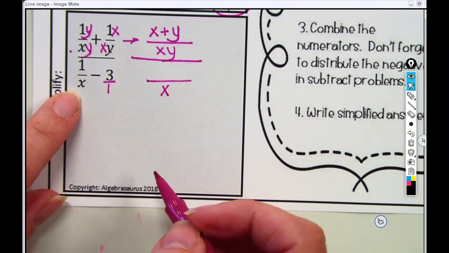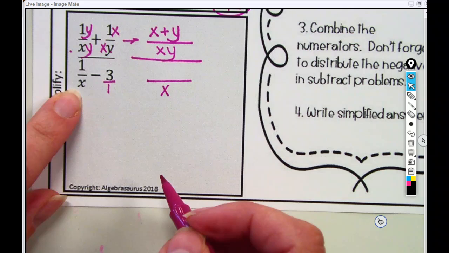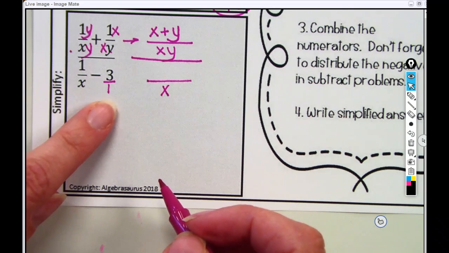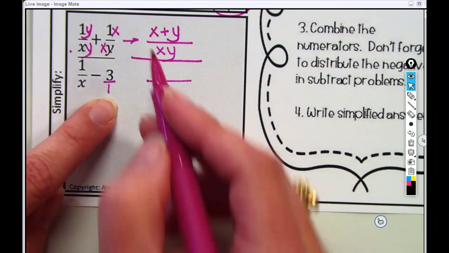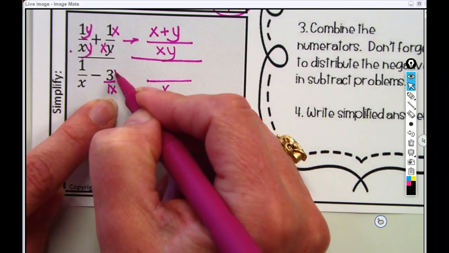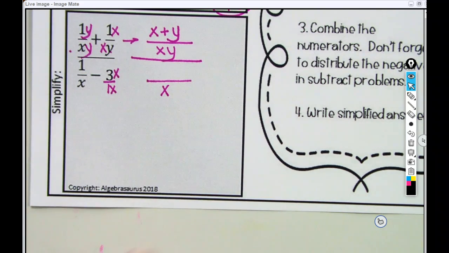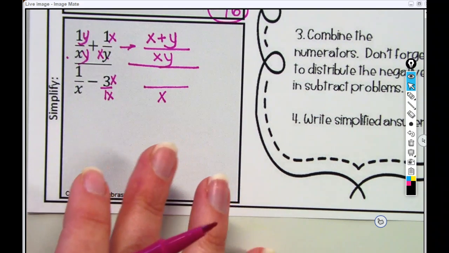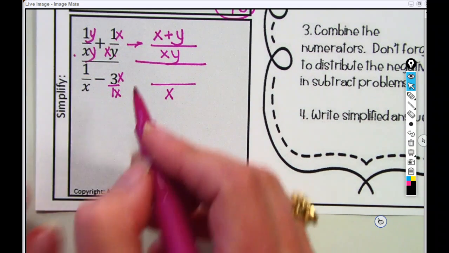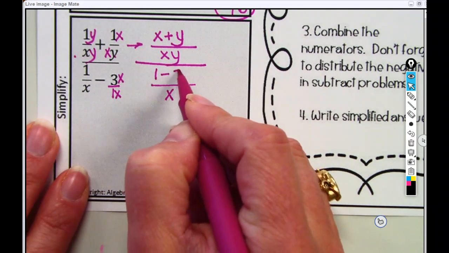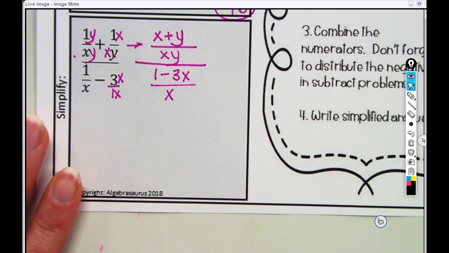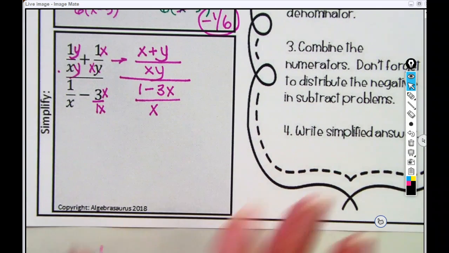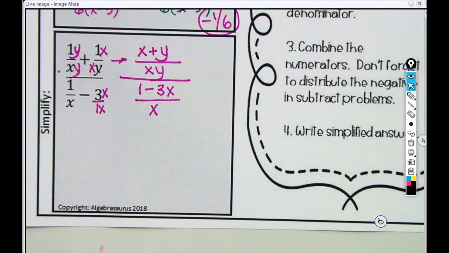So my first fraction is fine. What do I need to multiply the second fraction by? X. Combine my numerators there, and I have 1 minus 3x. How you feeling so far?